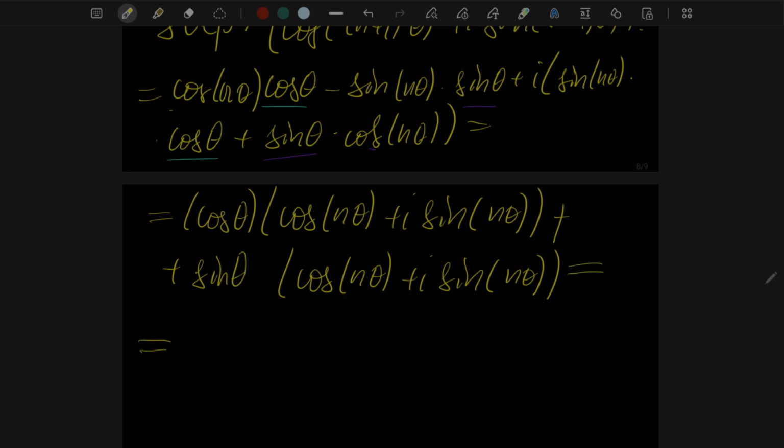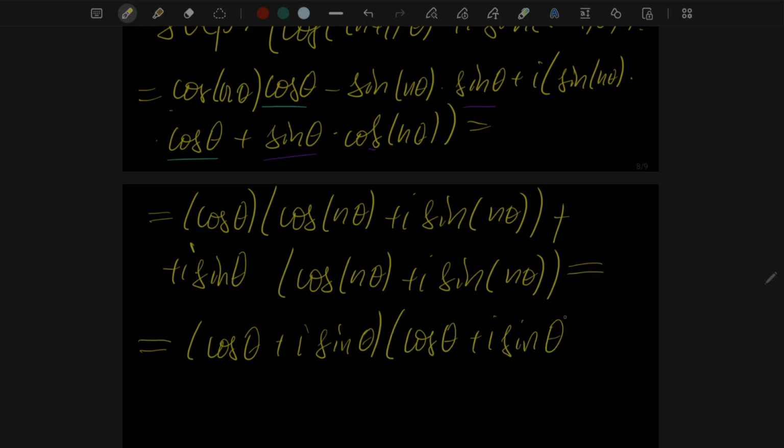By using the distributive property, we can take these two out, and by using the things that we supposed, this one is basically to the power of n. So it is cosine theta plus, I forgot, i sine theta, multiplied by cosine theta plus i sine theta to the power of n.